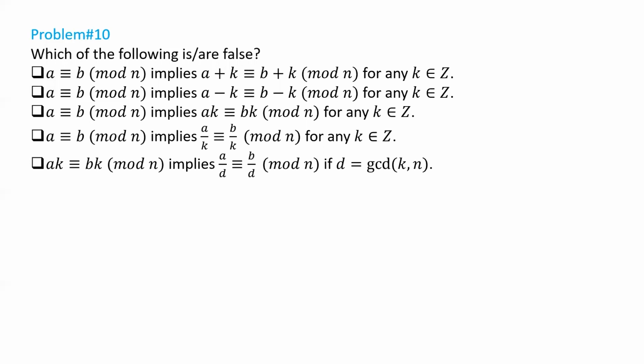A congruent to B modulo n implies A plus K congruent to B plus K modulo n for any K belonging to Z. A congruent to B modulo n implies A minus K congruent to B minus K modulo n for any K belonging to Z. A congruent to B modulo n implies AK congruent to BK modulo n for any K belonging to Z. A congruent to B modulo n implies A divided by K congruent to B divided by K modulo n for any K belonging to Z. And AK congruent to BK modulo n implies A by D congruent to B by D modulo n, if D is GCD of K and N. So, which of the statements do you think are false among these 5 statements? I will pause for a minute to answer.